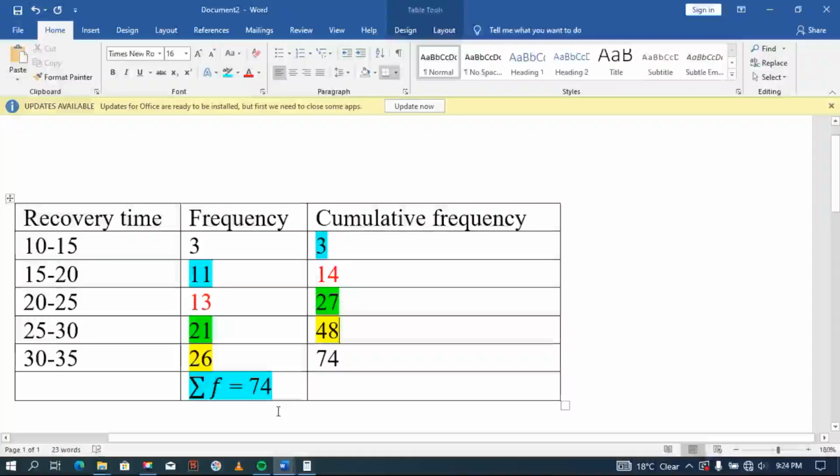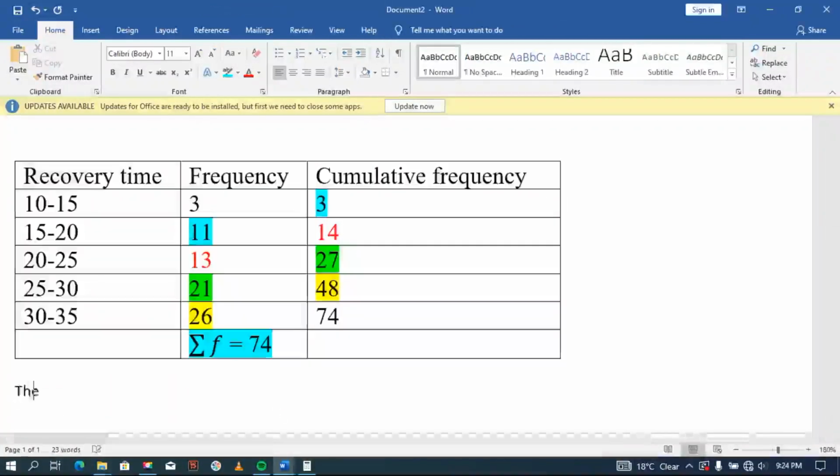So the median position is given as a half of n.